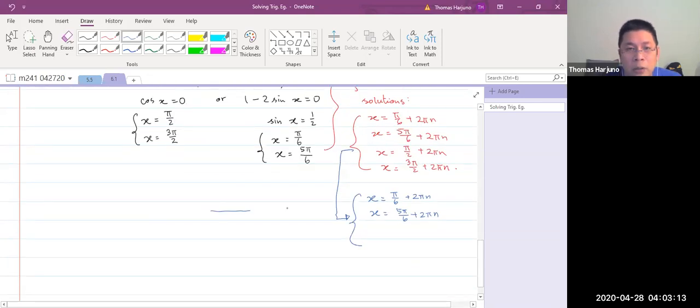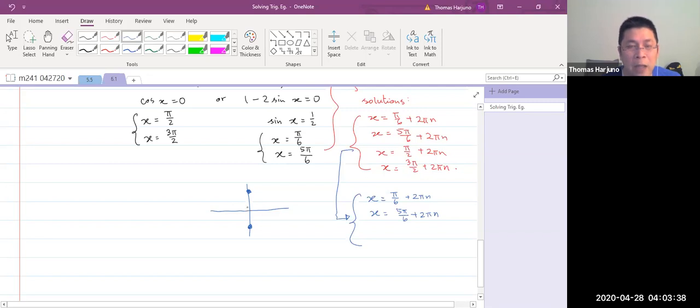Think about pi over 2. Pi over 2 is located here, plus 2 pi, same place, plus 2 pi, same place. Now, the last solution here is 3 pi over 2, plus 2 pi, same place, plus 2 pi, same place.